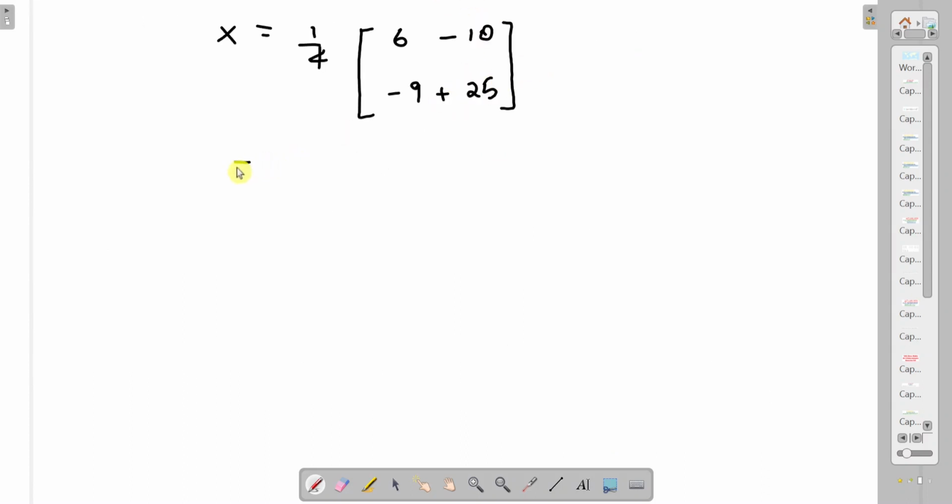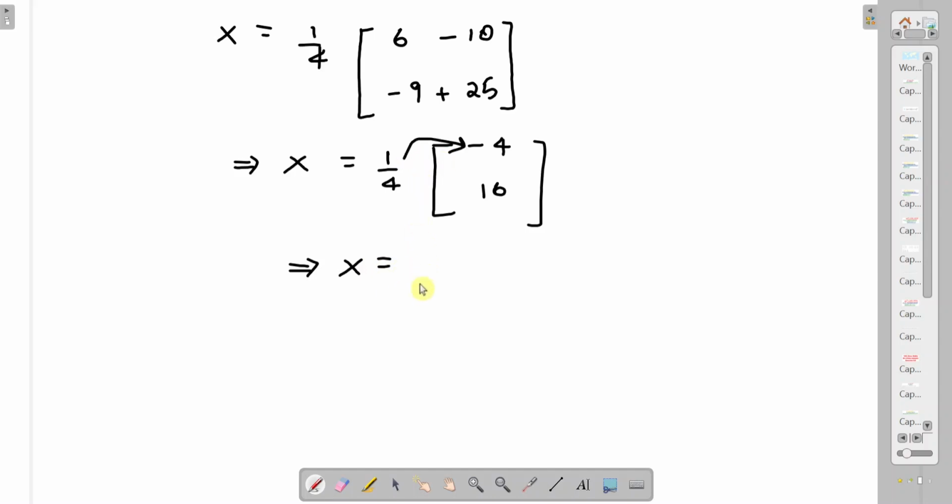So x is equal to 1 by 4 times the matrix with entries 6 minus 10, which is minus 4, and minus 9 plus 25, which is 16. Now we multiply the scalar to each entry: minus 4 divided by 4 and 16 divided by 4.